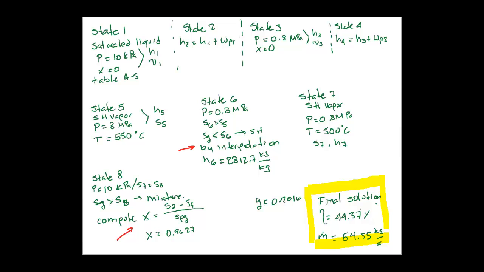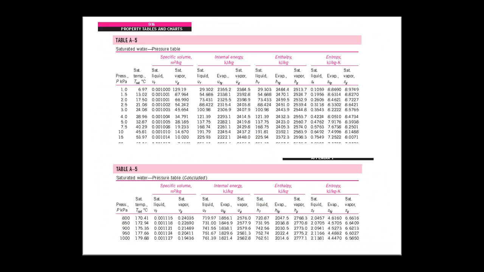So if you don't have the tables, let me just show where. Here is table A5, which you need 10 and 800.